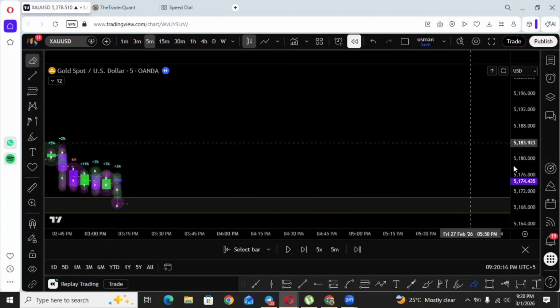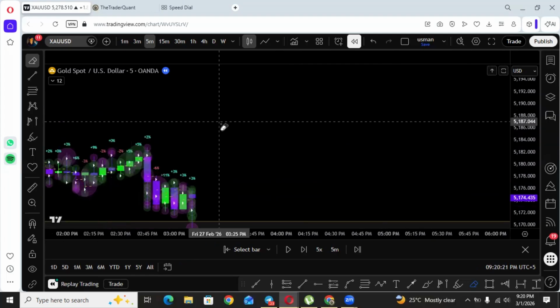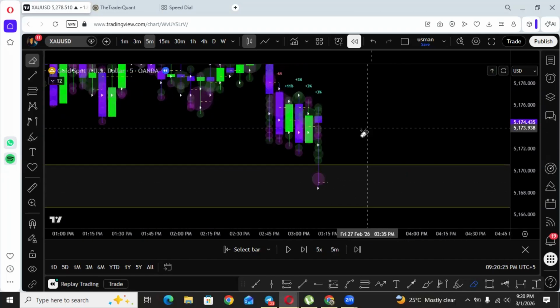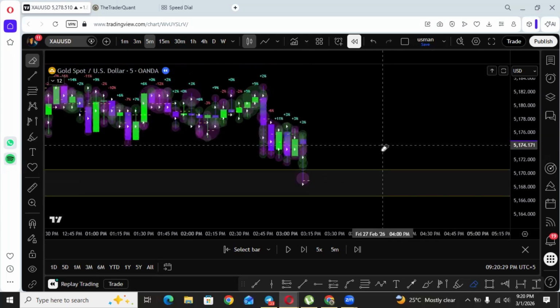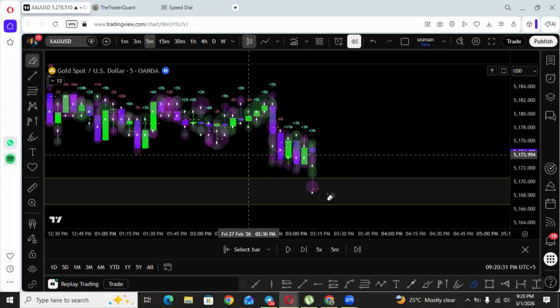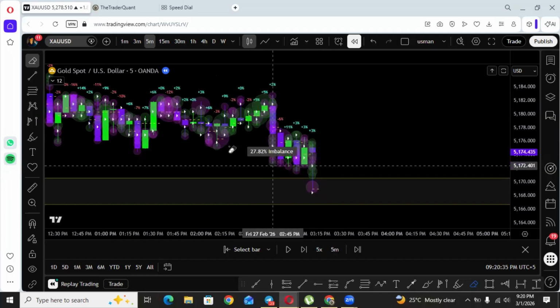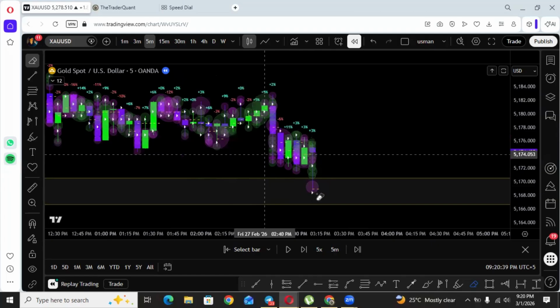I have taught you this functionality before, and I will show you, because you need to understand the logic behind the bubbles. If the size of the bubble is bigger, it means the imbalance was formed by a larger number of participants. You can see the smaller bubble size, the smallest bubble size, and these bigger bubble sizes, so you can differentiate between them.